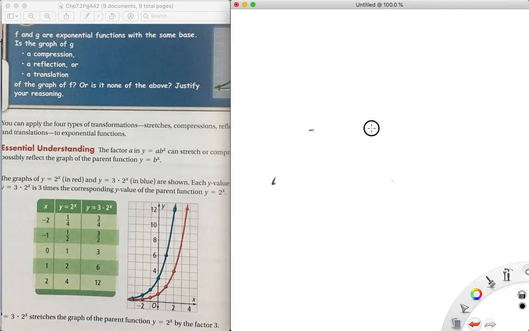So the graph is y equals 3 times 2 raised to the x. In this case, the parent graph would be y equals 2 to the x.